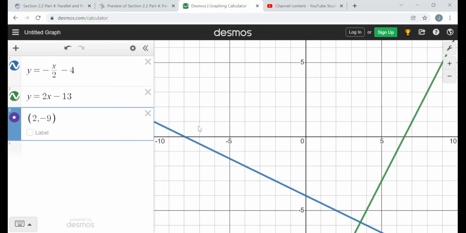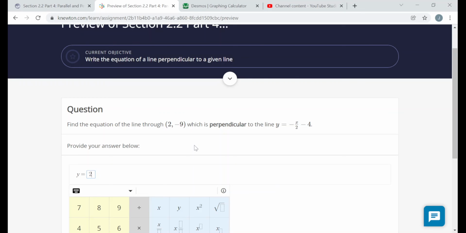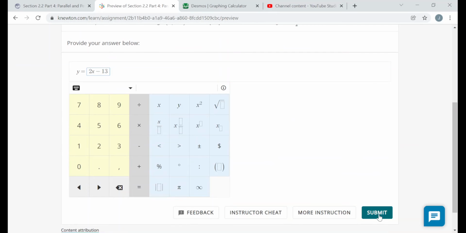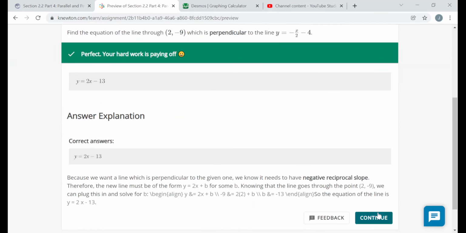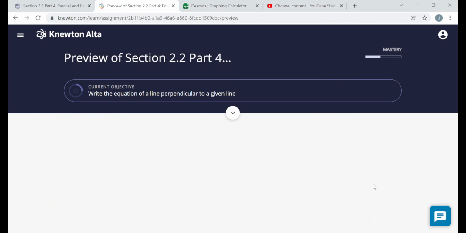Great. So we fill in y equals 2x minus 13. Oh, they're calling it negative reciprocal. I call it opposite reciprocal, same thing.